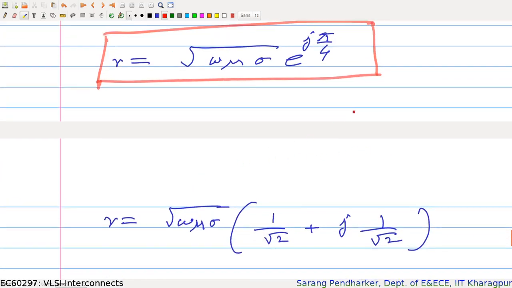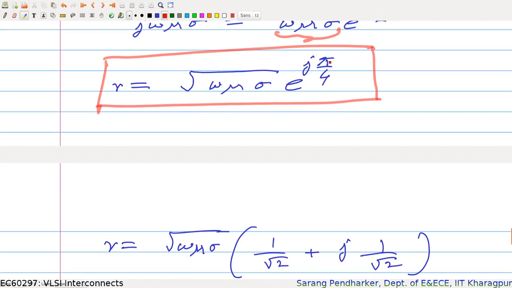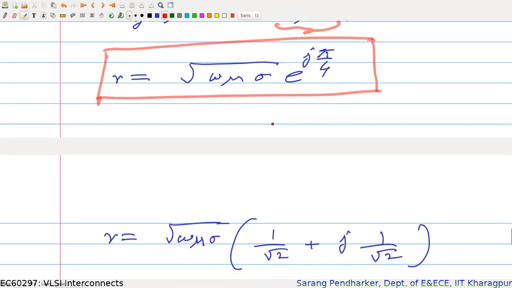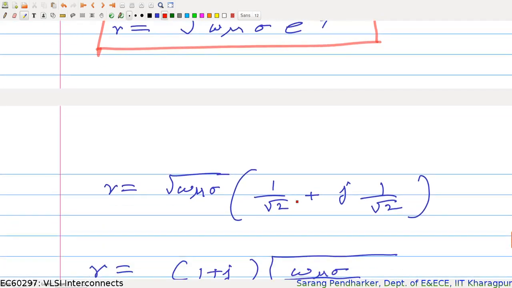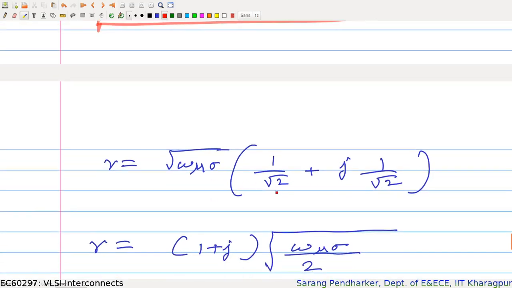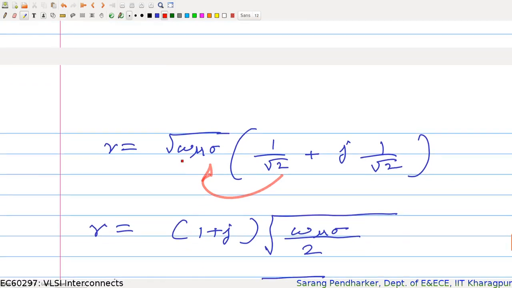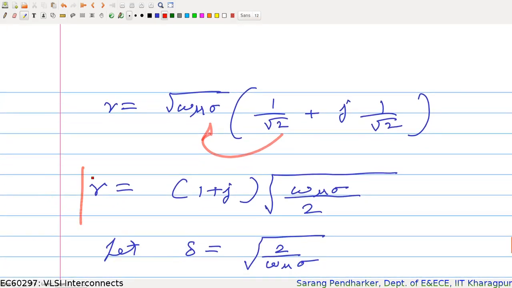I can expand this e to the power j pi by 4 in terms of cos pi by 4 plus j sin pi by 4. So cos pi by 4 and sin pi by 4 are equal to 1 by root 2. So I can write gamma like this. I can club this 1 by root 2 with this constant or this term.